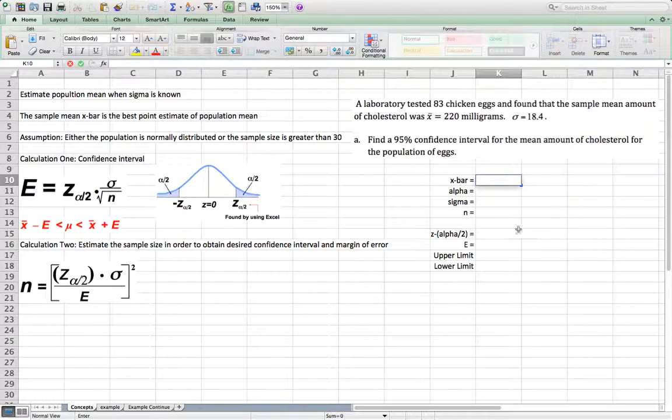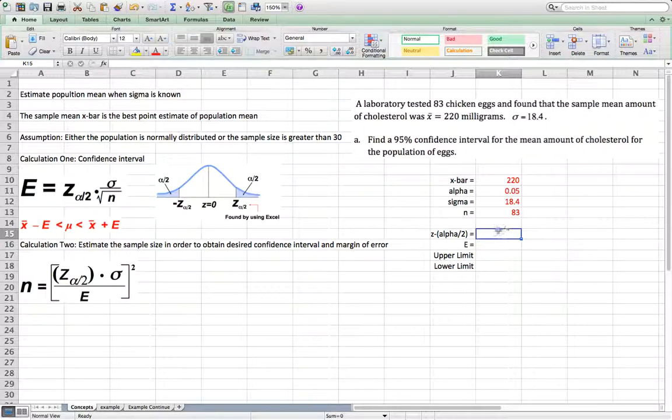So we first need to type in whatever we know. X bar is 220, alpha is equal to 1 minus 0.95, sigma is 18.4. Those are what we know. Now, n is 83.